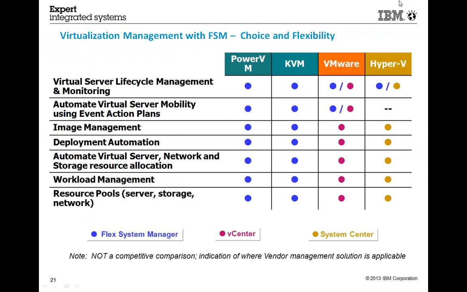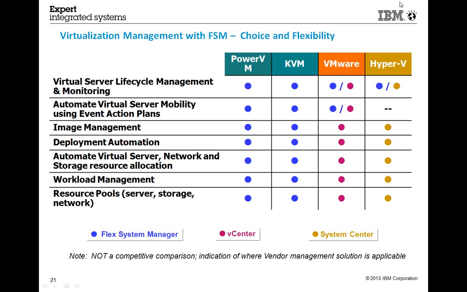Here's a slide that talks about what all you can do when you combine hardware and hypervisor integration. So, for example, if you take the concept of image management, right? Whether you're managing Power VM images, VMware images, KVM, or Hyper-V, doesn't matter.